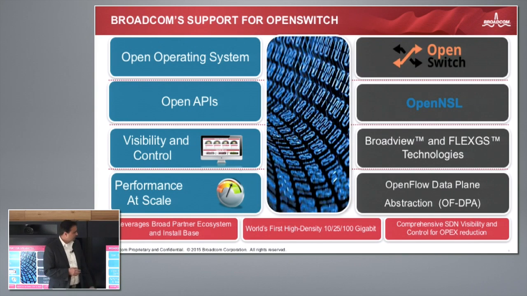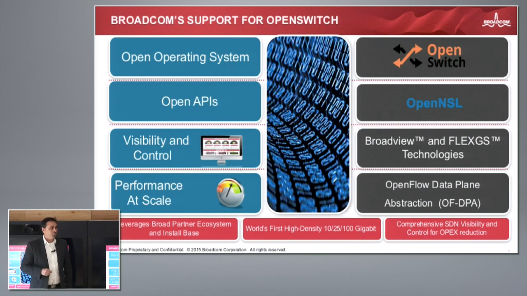So the first example that I gave was OpenNSL. That was the enabler of how to turn requests for new APIs and new functions of the network OS quickly into an API that could be supported on the silicon, to things like Broadview, which I will talk about in a second, and very soon OpenFlow.